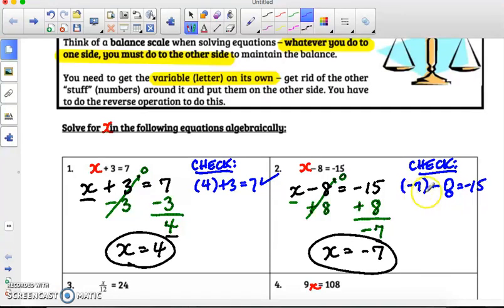Now remember, you know you're right if this equation is true. If you think of it, remember that in our integers unit, this is actually -7 plus -8, which equals -15. So you know you're correct. So x has to equal -7 in this case.